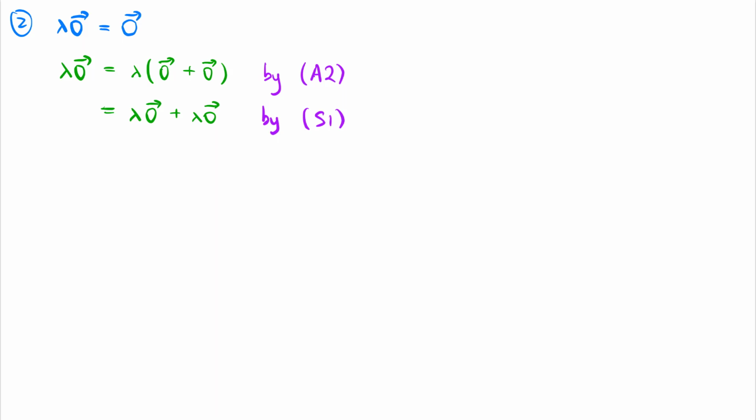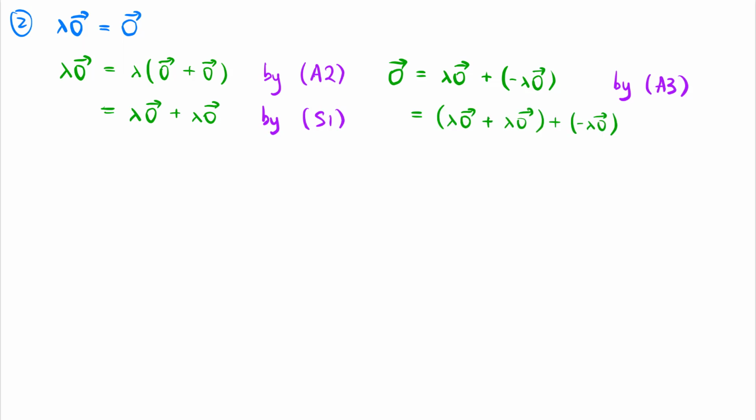Second, lambda times the 0 vector equals the 0 vector. We start with lambda times the 0 vector, which equals lambda times 0 vector plus the 0 vector using A2. This equals lambda times the 0 vector plus lambda times the 0 vector by S1. Now, the 0 vector equals lambda times the 0 vector plus negative lambda times the 0 vector using A3.